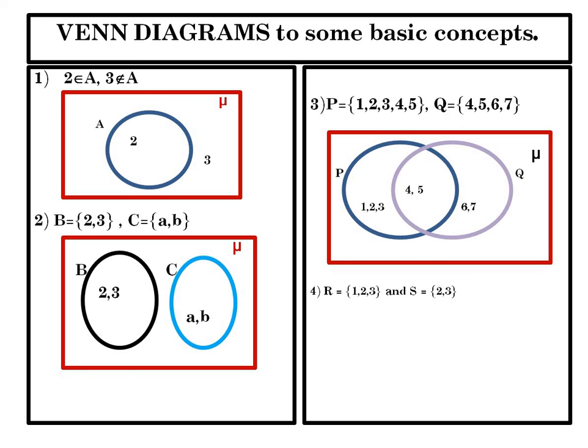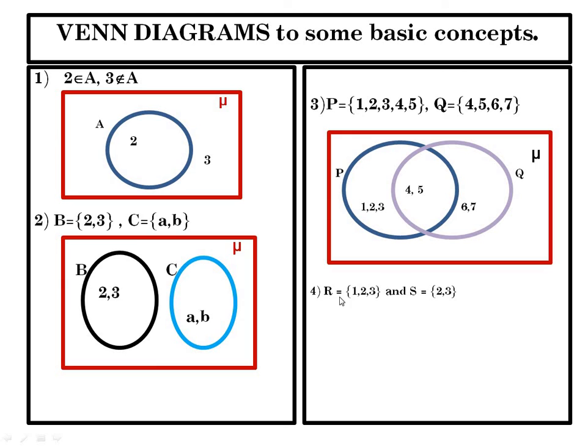Next, the fourth. Here we have two sets, R is equal to {1, 2, 3} and S is equal to {2, 3}. In this situation, S contains elements that all exist in R. So S is the smaller set and R is the bigger set.